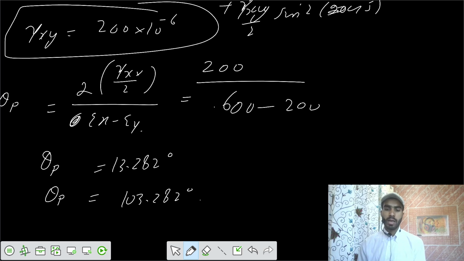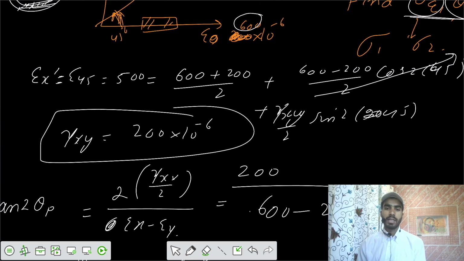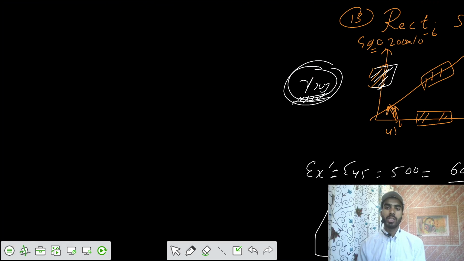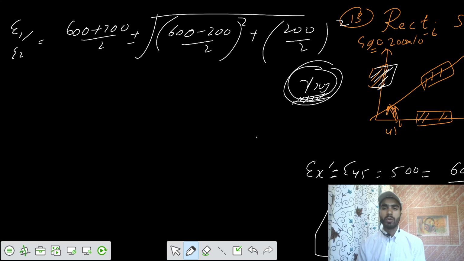You can check where the major and minor principal strain is acting. Firstly, you can calculate the major and minor principal strain. E1 or E2 equals Ex plus Ey by 2, plus minus root of 600 minus 200 divided by 2, whole square, plus gamma, which was 200, so gamma by 2, whole square.